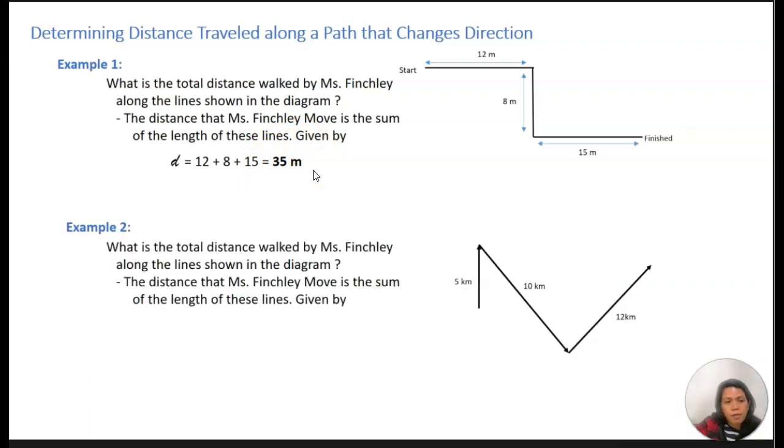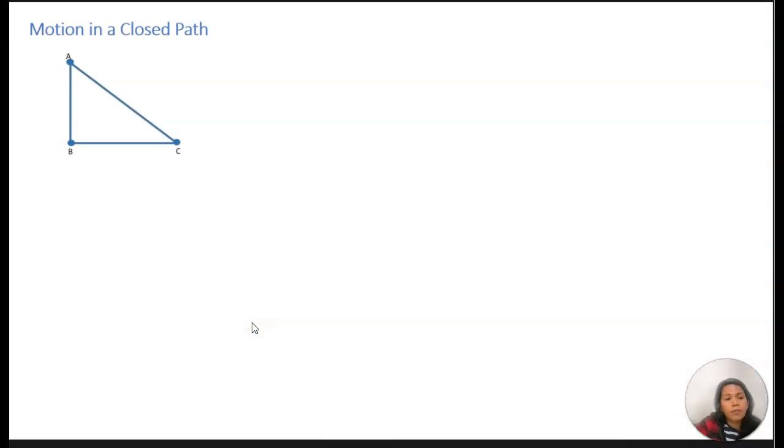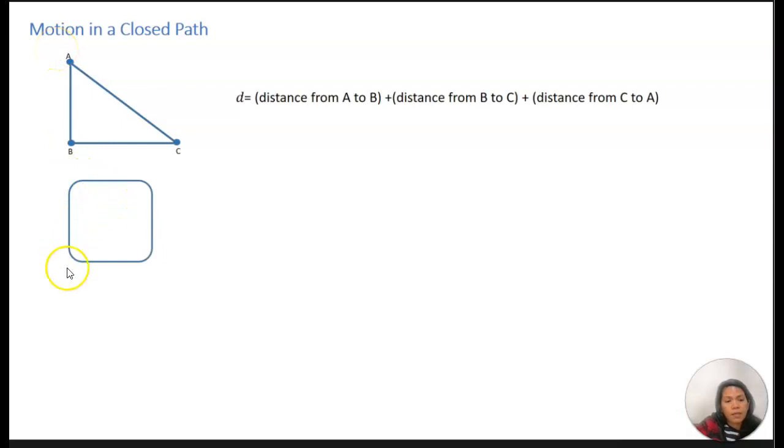Another example: if I walk in a different zigzag, the same thing, we just add all the distances that I covered. In this case, it's 5 plus 10 plus 12 kilometers, which is equivalent to 27 kilometers. What if I am moving in a closed path? The distance that we will be solving is the distance I took from A to B, B to C, and then C back to the original position, A, regardless of whatever closed path I am taking.